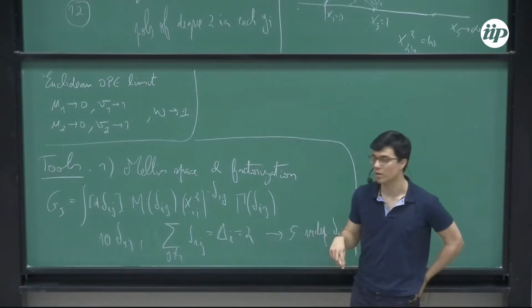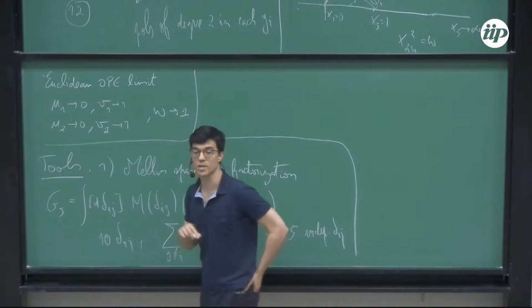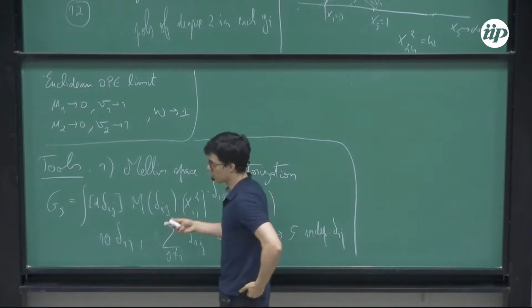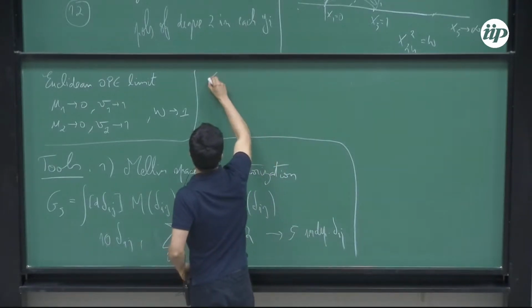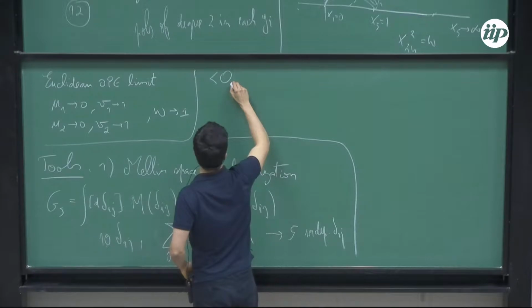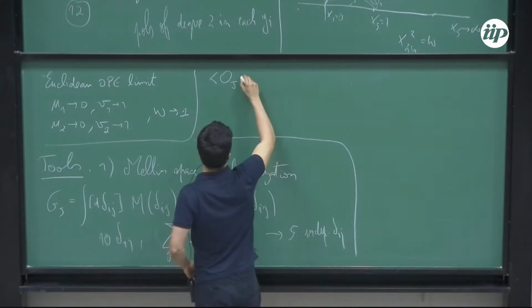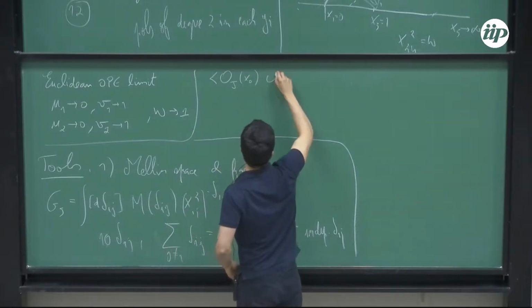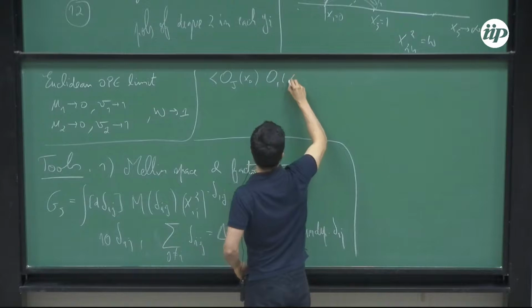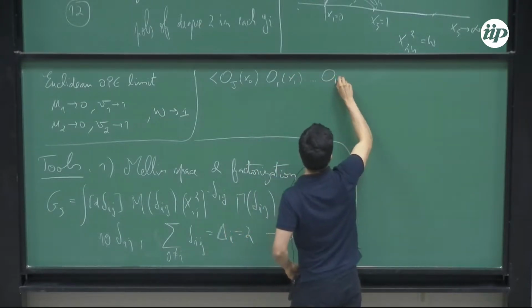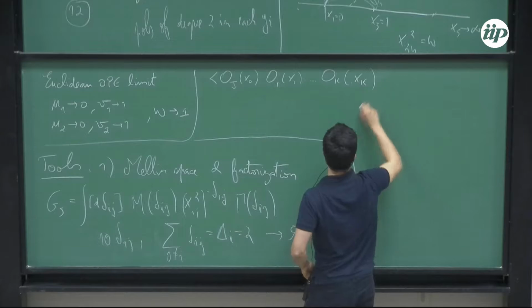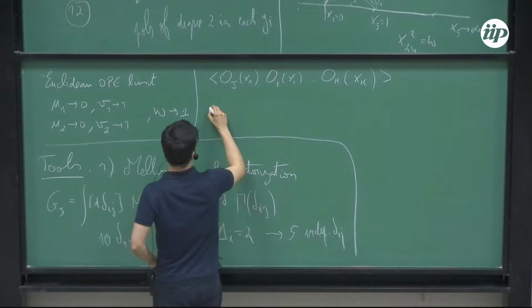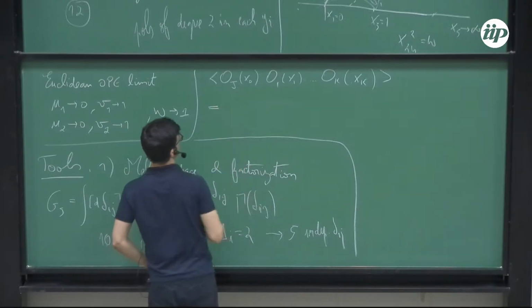So now let me move one step further, and let me also introduce the Mellin representation for correlators where one of the operators has spin. In this case, I'm going to be considering some operator of spin j at position x0, and then I'm going to have my other operators O1 at x1, up to Ok at xk. What's going to be the Mellin representation for this? It's going to be something of this form.